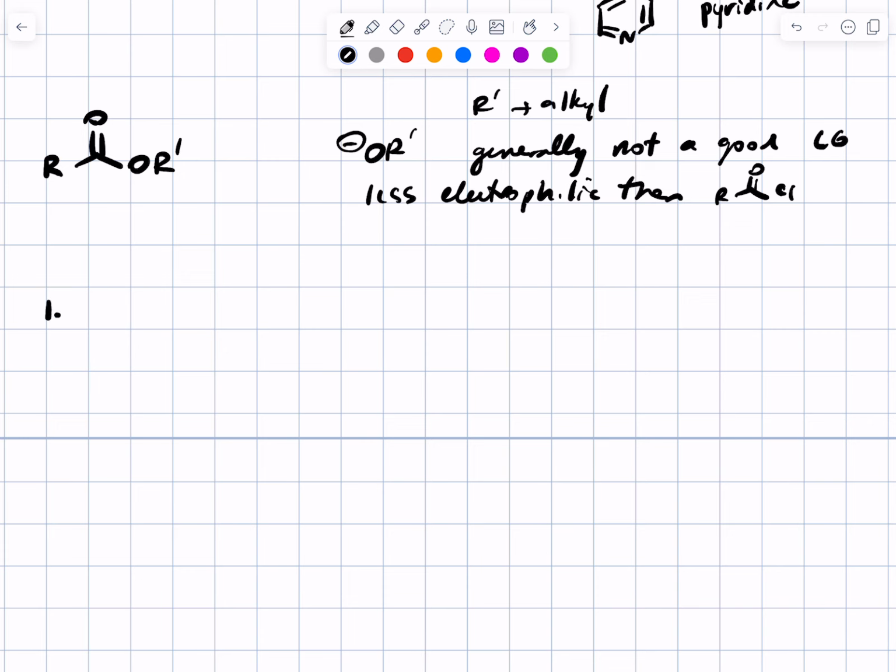And this is true. So I'll show you a couple of reactions that I want you to be aware of. Both of them are examples of hydrolysis reactions of esters to carboxylic acids. The first is under basic conditions. The reaction is hydrolysis, meaning using water to break the bond between the carbonyl carbon and the OR oxygen of the ester.